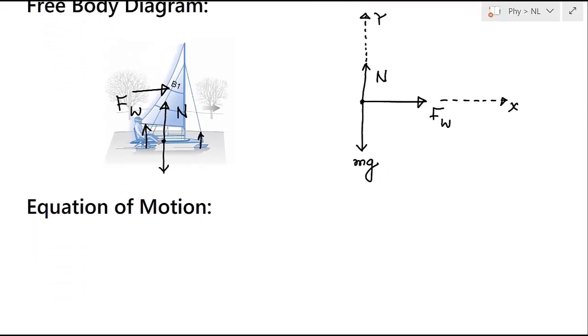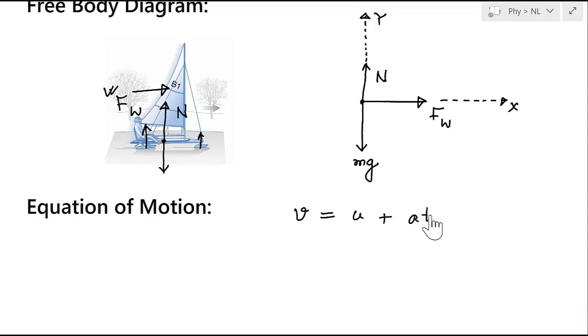Now we can use force equals mass into acceleration to calculate the force, but to calculate acceleration we have to use a kinematical equation. This is a constant force, so acceleration will also be constant, and we can apply the kinematical equation v equals u plus at.